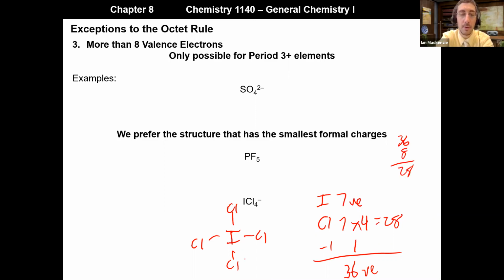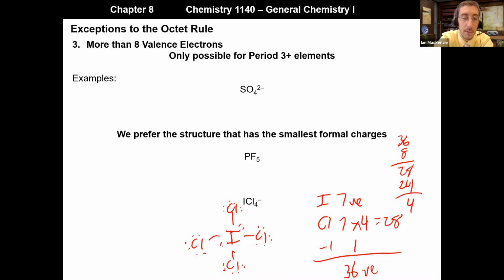Now I put electrons around the outside, 2, 4, 6, 8, 10, 12, 14, 16, 18, 20, 22, 24. And I'm left with 4 electrons left over, but I've already satisfied the octet for the outer atoms. So those remaining 4 electrons I put on the central atom, and they go as simply lone pairs.